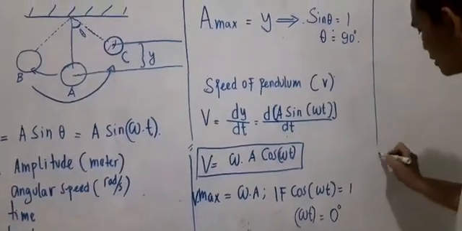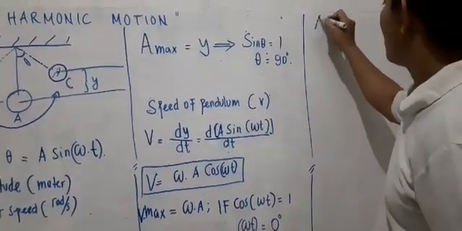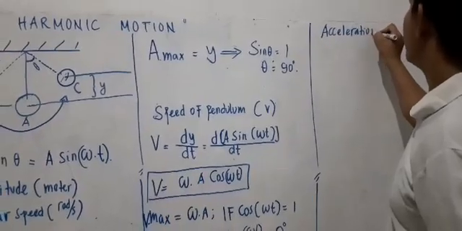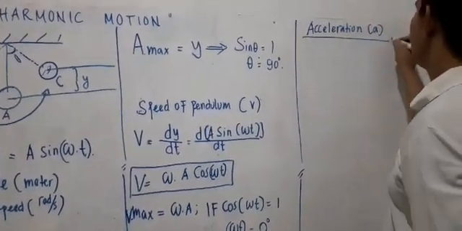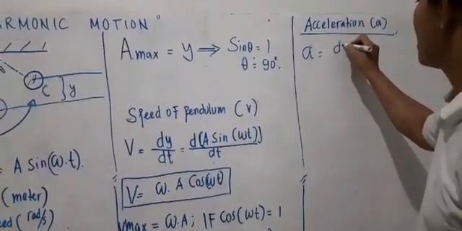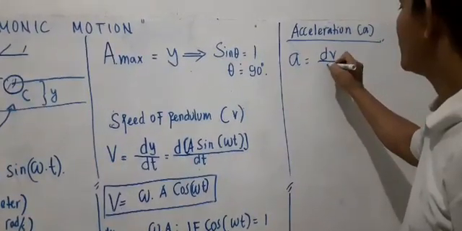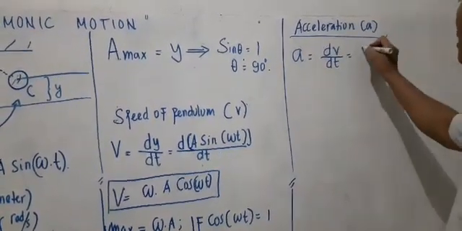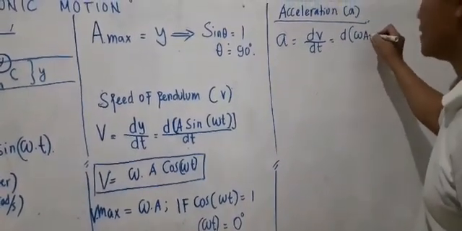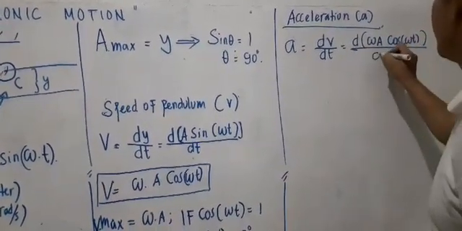Then we are going to learn about acceleration. The acceleration of the pendulum, or a, is the first differential of v with respect to time. That means the differential of omega A cos omega t with respect to time.